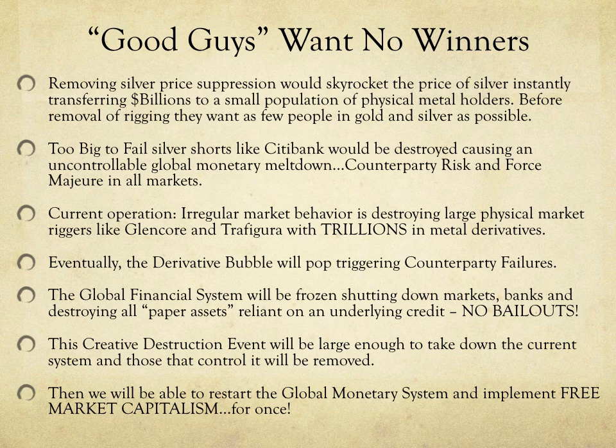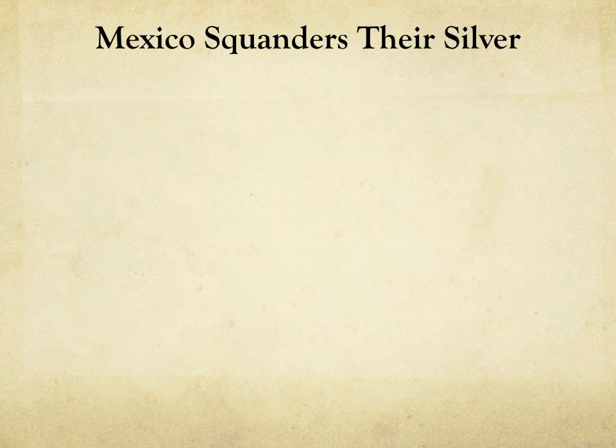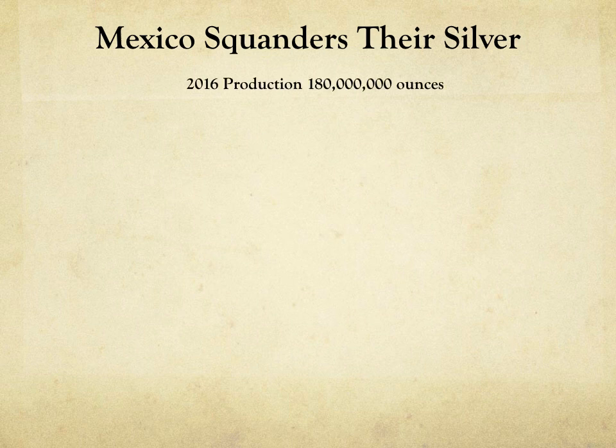And because I was doing this presentation in Mexico, I just had to point out for all those Mexican citizens in the audience, it's insane what Mexico does with their silver. In 2016, they produced 180 million ounces of silver. 70% of it they exported.